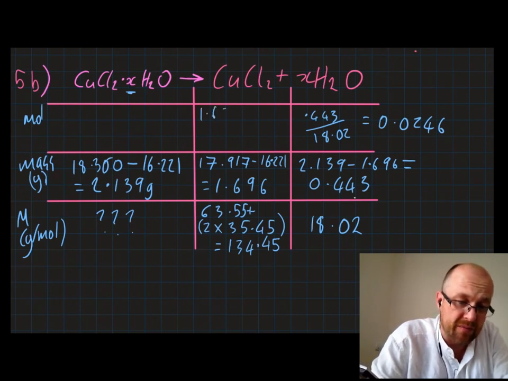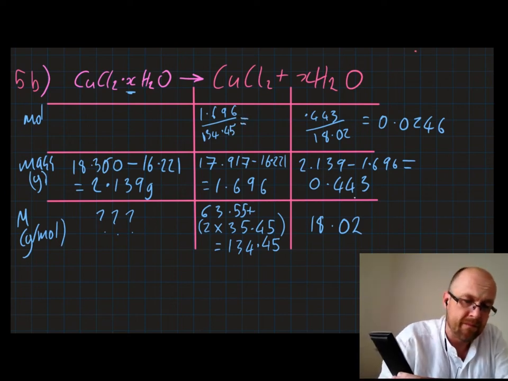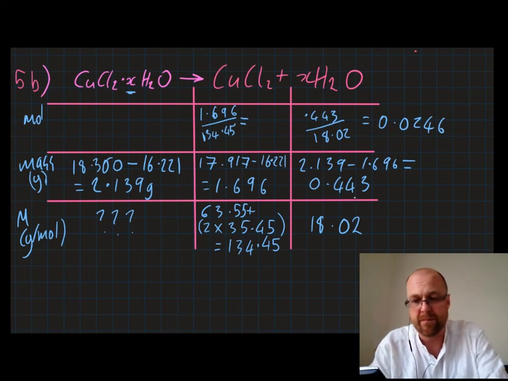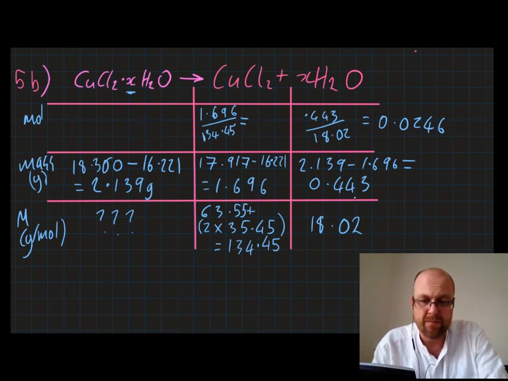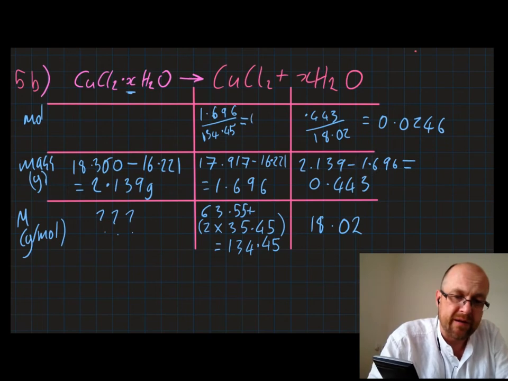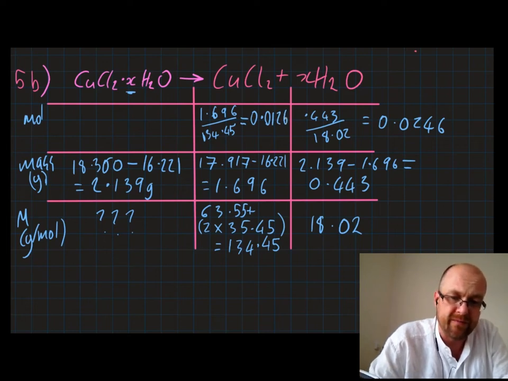So that's going to be moles is mass over molar mass. So that gives me 0.0126. All right, now we're going to use just a simple mole ratio.